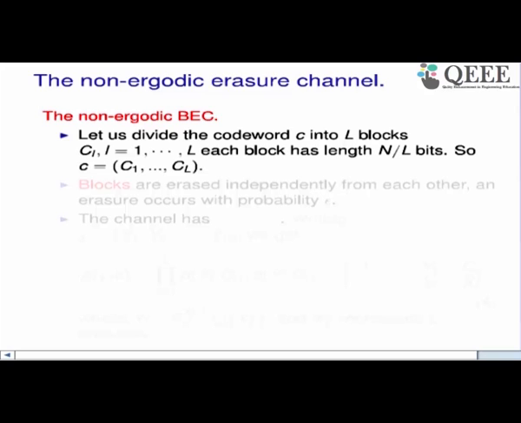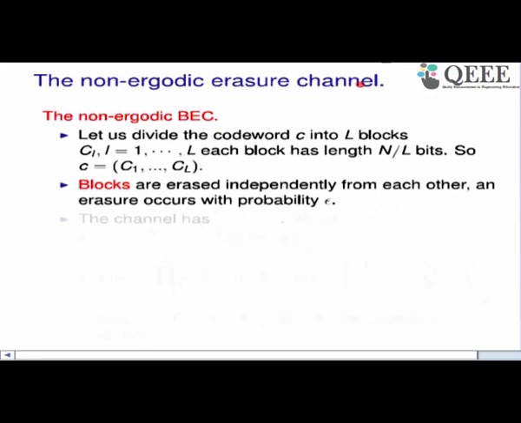To take that concept into mind, what we have done is divide the code word into blocks. Remember the code word is of size n, and we have divided it into L blocks, so each block has n by L bits. The code word is now divided into sub-blocks.